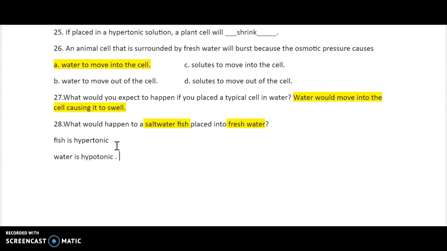Therefore, water will move into the fish, causing it to swell, and if not rescued, die.